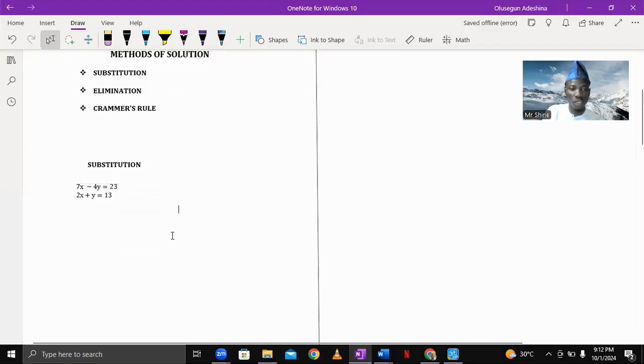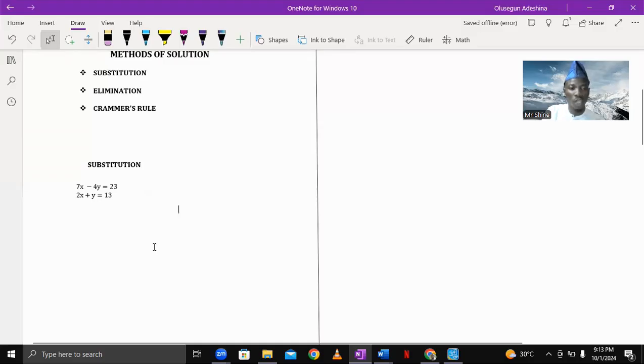So what is the substitution method? In the substitution method, we are going to make a variable the subject of the formula. The two variables we have in this pair of equations are x and y. We are expected to solve x and y at the same time.